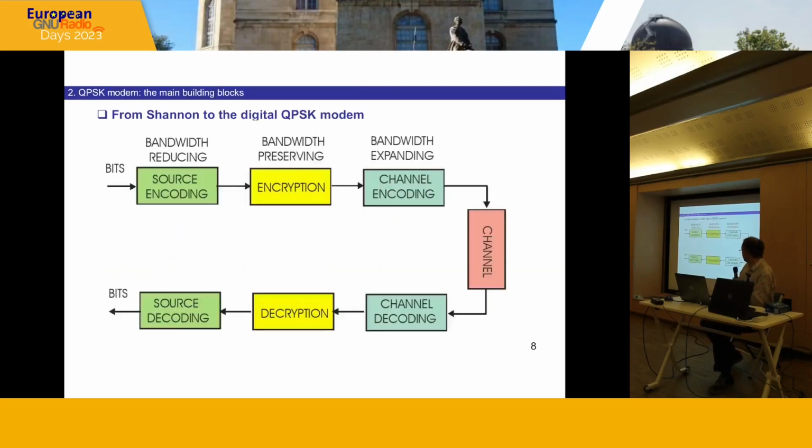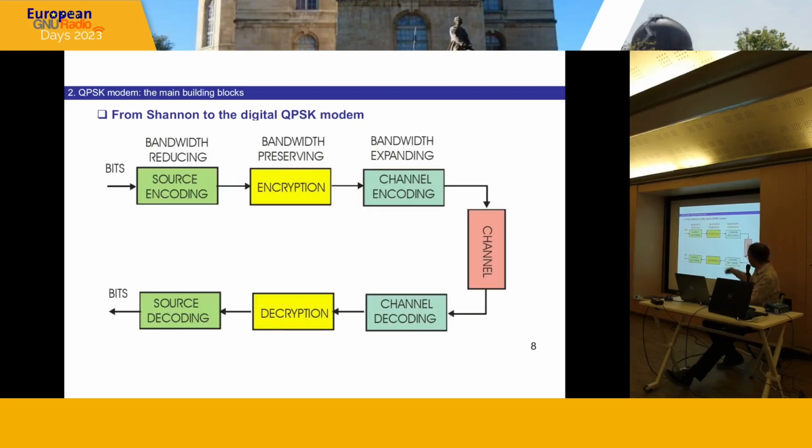So the QPSK modem, starting from my friend Shannon. You all remember about that. Well, it's not for the sampling theorem, but for all the theorem about communication, and especially digital communication.